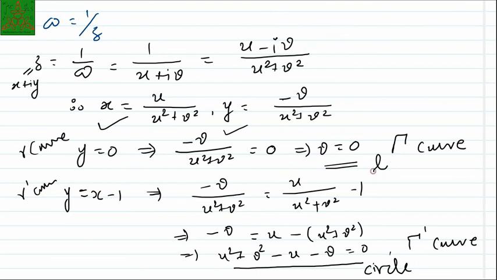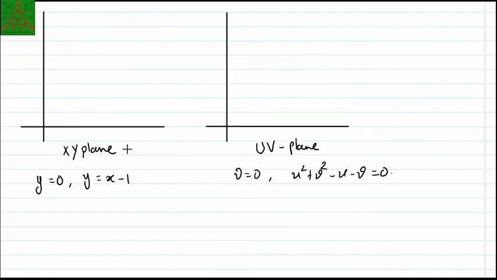The other will represent the line, which is the u-axis. So let us consider this as your x-axis, this will be your y-axis, this is the u-axis, and this will be your v-axis. Now we need to plot these curves. These are the two lines we have. This is the line y = 0. For the other line I need to plot 2 points: if x is 0 then y is -1, and if y is 0 then x is 1.